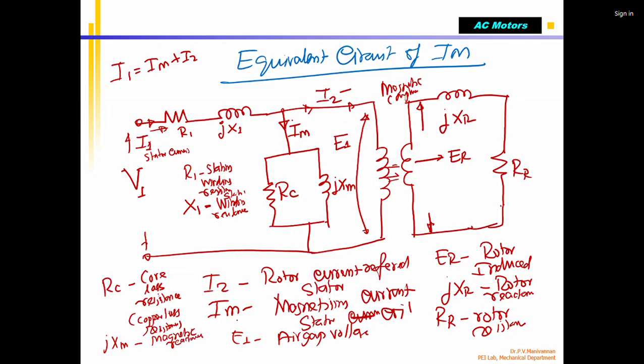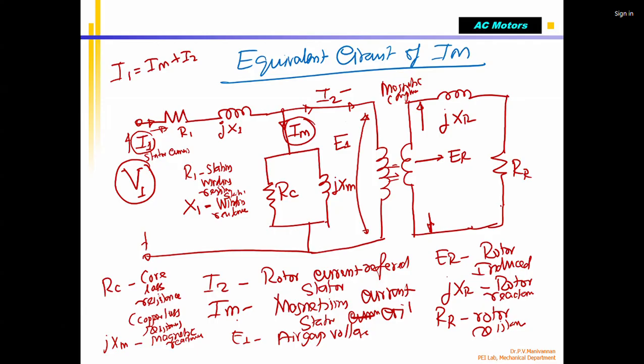What I want to explain is that you are supplying an input V1. Because of that, current flows inside the motor, in the stator and also the rotor. I1 is the total current. Some part of this total current supplied to the stator winding is used for creating IM. IM is called the magnetizing current, correct? This creates the stator magnetic field.